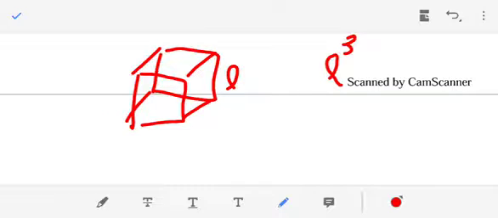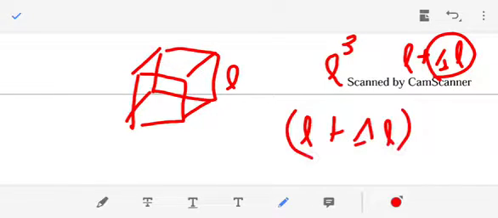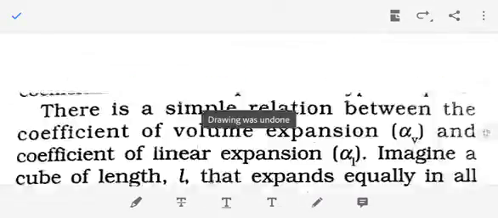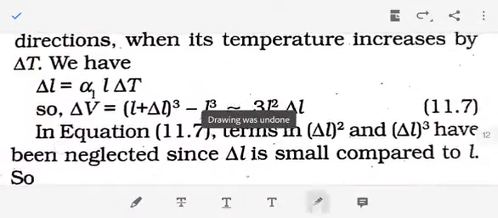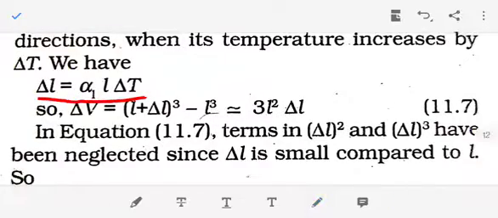If we heat it up, its new length will be L plus delta L, where delta L is the change in length, and its new volume will be (L plus delta L) whole cube. Correct? This will be the new volume of the cube. What is the value of delta L?